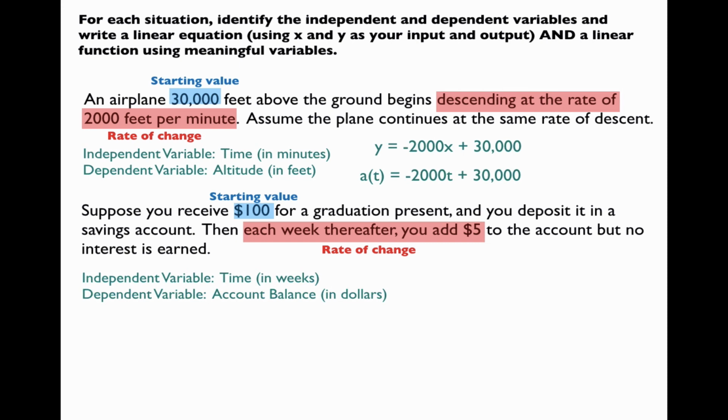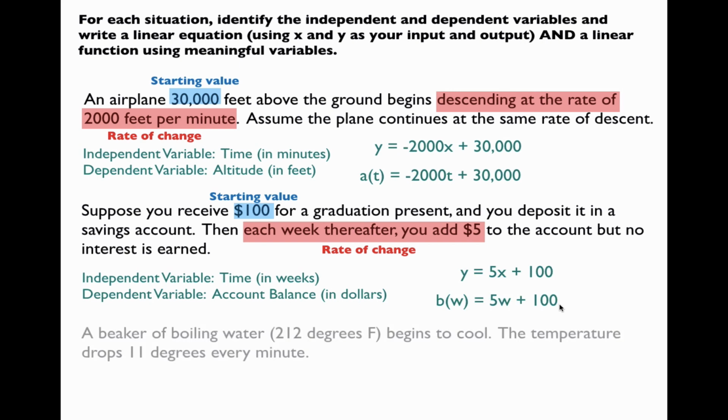Okay, and now that we have our two values, our rate of change and our starting value, all we have to do is plug that in. All right, so y equals $5 per week times x plus that $100, or the balance is a function of the number of weeks you've been saving, and that equals $5 per week plus that $100.